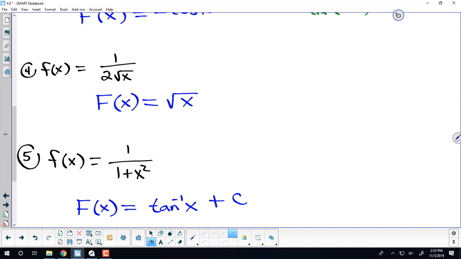In fact, inverse tangent of x plus some constant is the official antiderivative, because that gives us all of the antiderivatives. If we just looked at when c is 0, we have just one specific antiderivative. So all of these really need to be that function that we determined plus some constant.